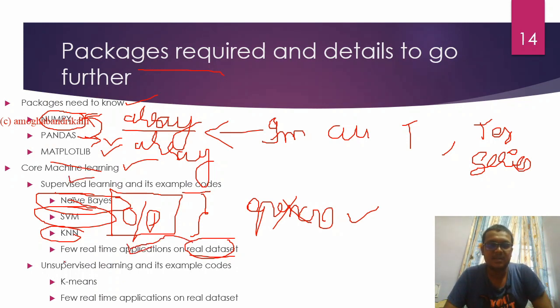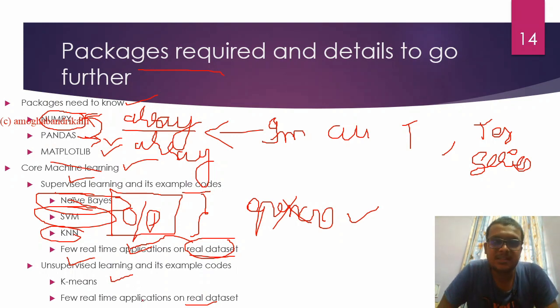One is supervised and the next one is unsupervised learning. Again, you are working on a real-time dataset, for example telling the difference between species of leaves, whether infected or not infected. K-means is one kind of unsupervised method.